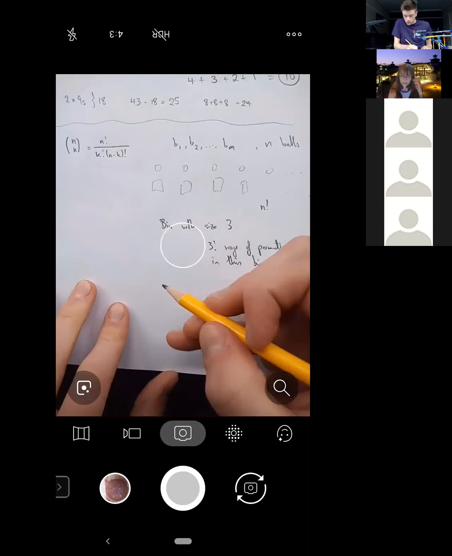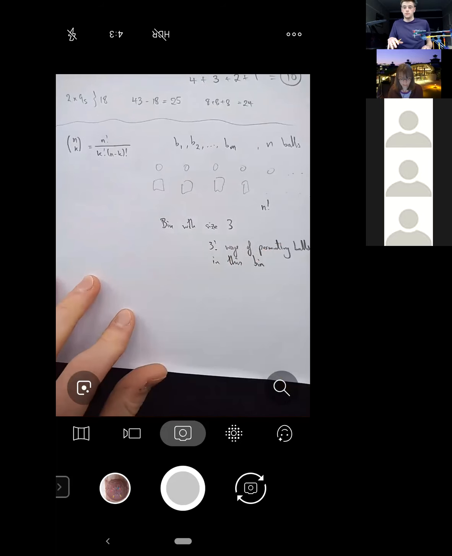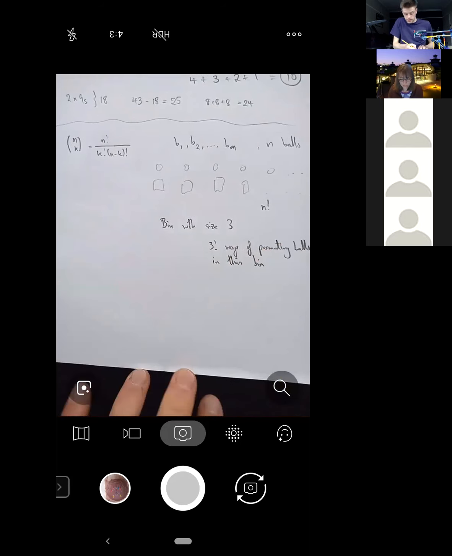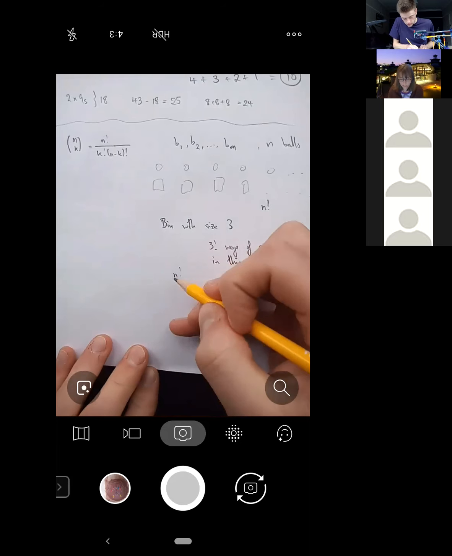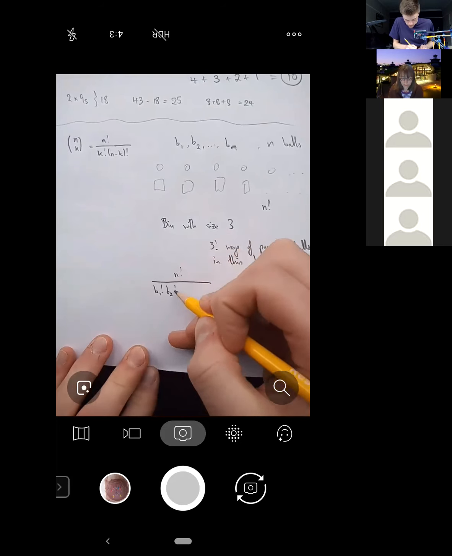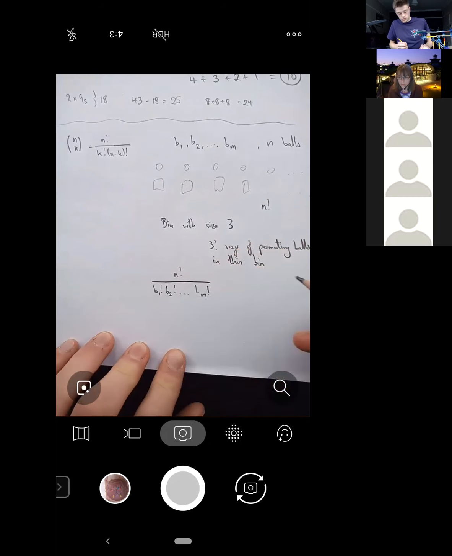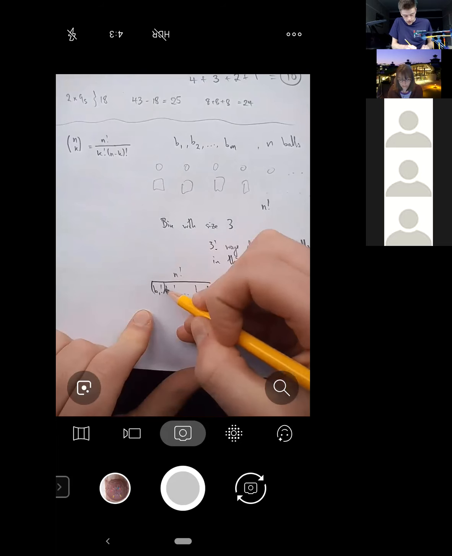So that means the number of ways of putting these N balls into my M bins is going to be N factorial over B1 factorial times B2 factorial all the way up to Bm factorial. Maybe it's best to put brackets around these.